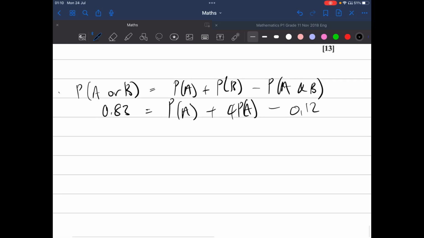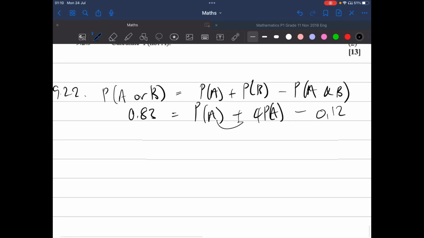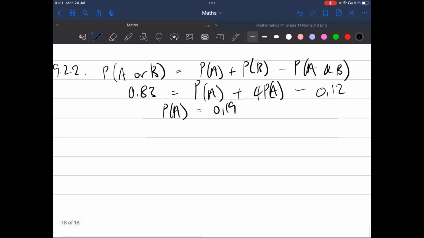So let's solve for P(A) here. I'll bring 0.12 to that side, and then we can divide by 5, because when I add these together, I'm going to get 5. So 0.83 plus 0.12 divided by 5 gives us a probability of A equaling 0.19.